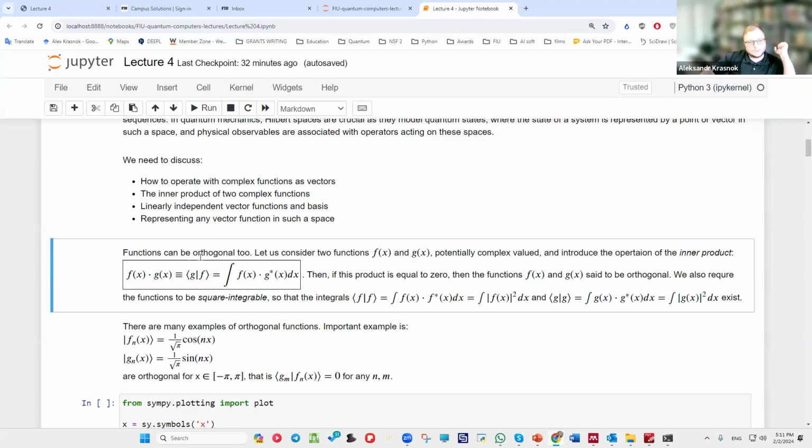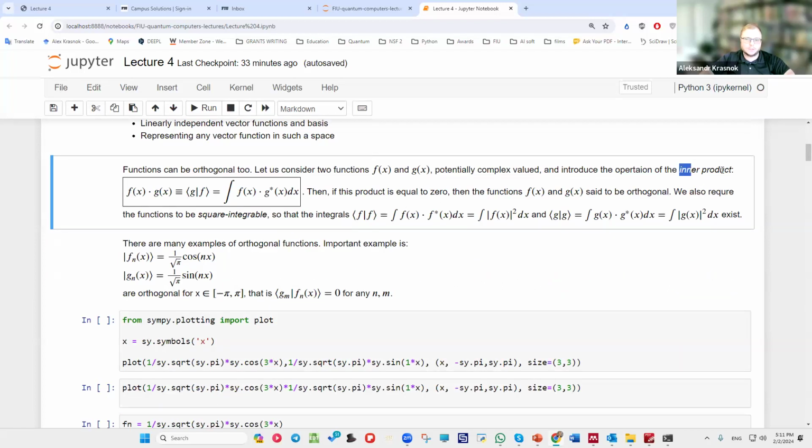So first, how we introduce the inner product between two functions. This is the key point to understand here. I can introduce the inner product, which is the scalar product or dot product, of two functions, let's say f of x and g of x, and I can also write it using the Dirac bra-ket notation, like this, using this definition.